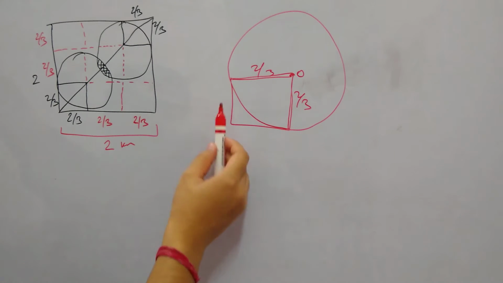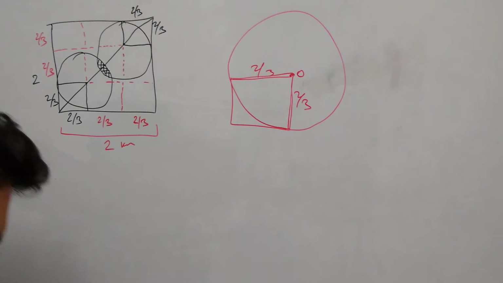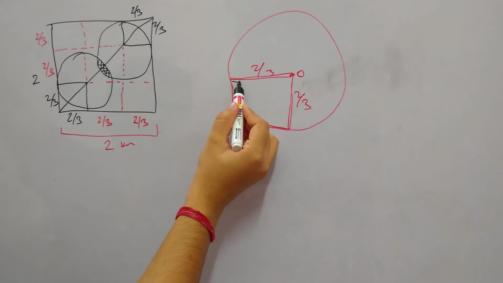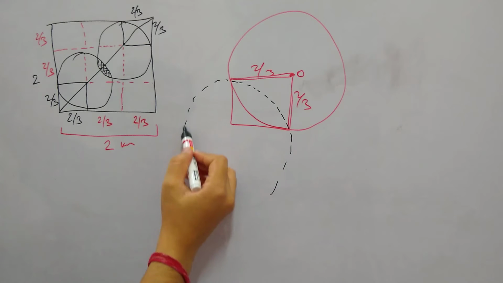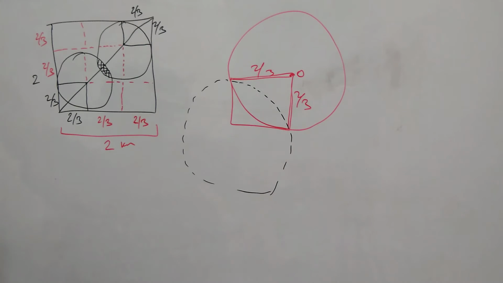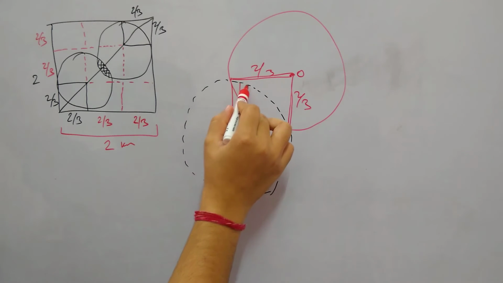Now for the time being, let's forget about the other circle. The other circle will be like this. I am just drawing a dashed line so we know. So another circle will be like this, and we need to find out the area of this shaded region.